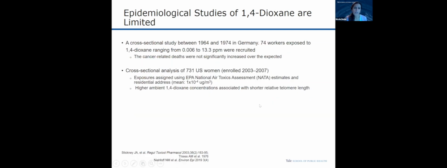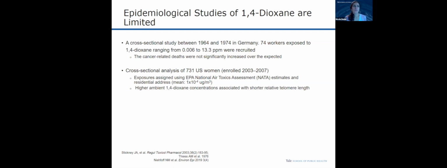The third study was also a workplace study. This one was published in German and reviewed in another paper. This one had 74 workers exposed to dioxane in the air, and they had some air measurements. Similar to the other occupational studies, they did not observe any increased number of deaths or cancer-related deaths based on what would have just been expected normally due to background.